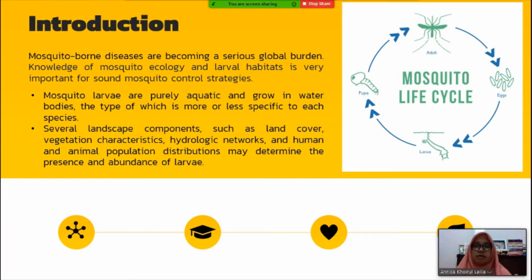So for the introduction, we know that mosquito-borne diseases are becoming a serious global burden, and the knowledge of mosquito ecology and larval habitats is very important for mosquito control strategies.